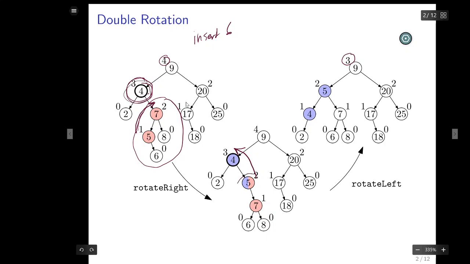And it creates this tree, which doesn't look balanced at all, right? No, it's not. But that's because it's only the first step of the double rotation. The second step is that part, and it restores the balance, brings it back up.